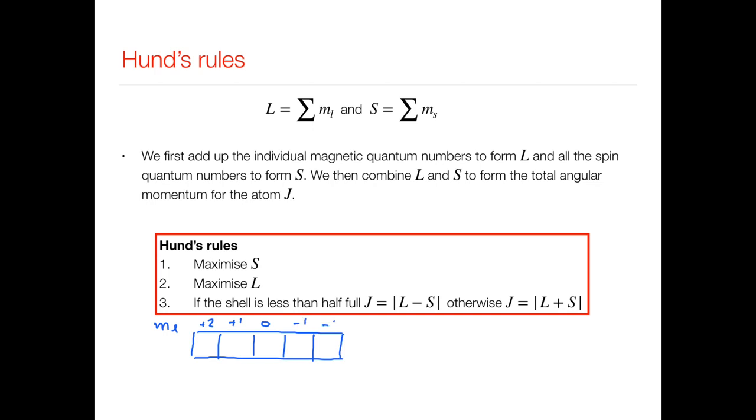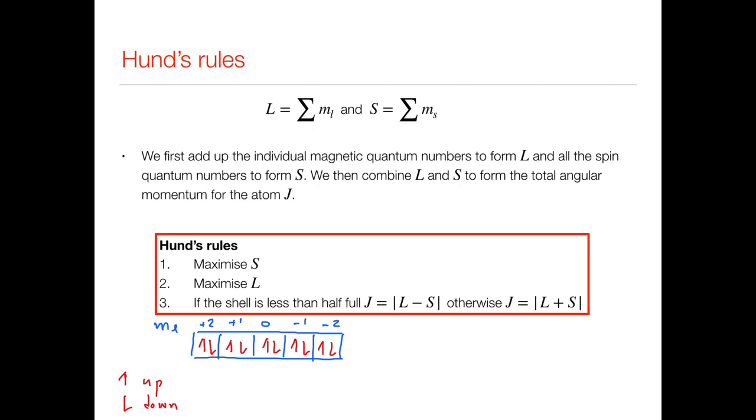Then +1, 0, -1, -2. And if I completely fill this, so that's a spin up and spin down, spin up and spin down, spin up and spin down, there we have 10 electrons. So 5 of the electrons are spin up, and the other half are spin down.